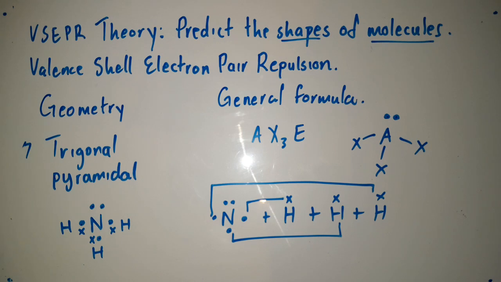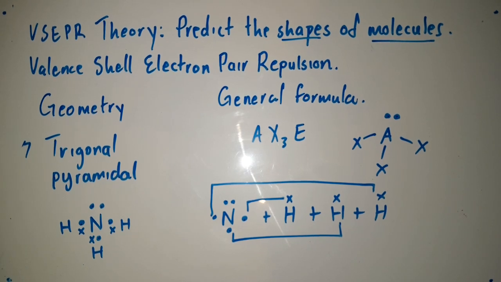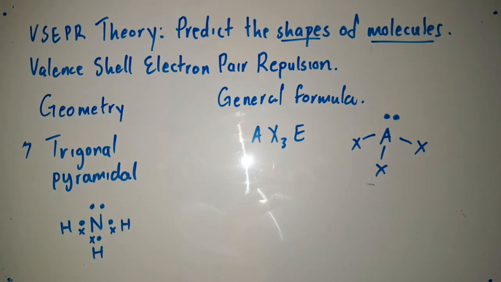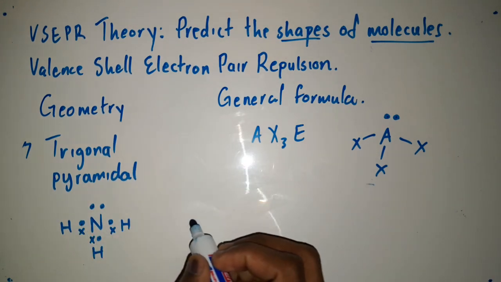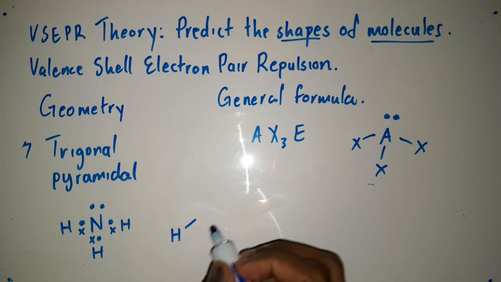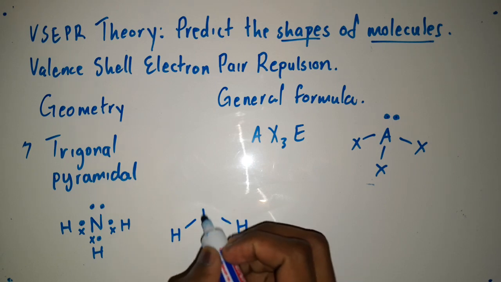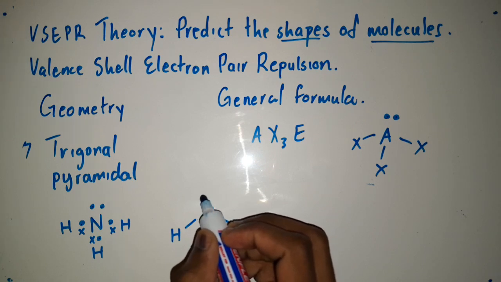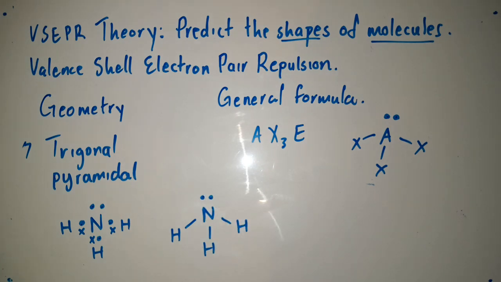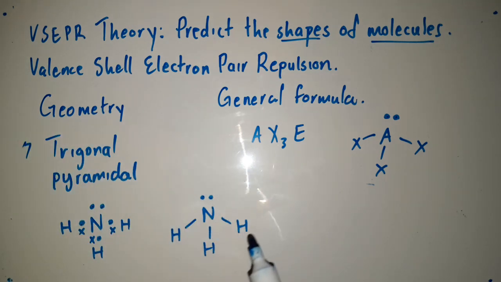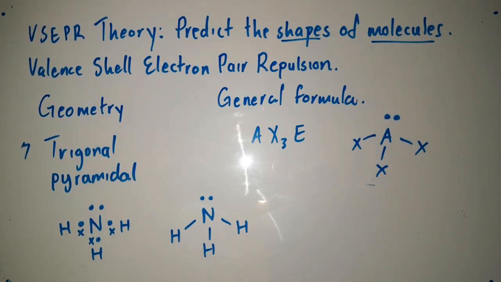Same, if I were to remove the paired electrons, I would have a structure which is like this now, and over there, 1 lone pair. We have a trigonal pyramidal as its geometrical shape. Do you understand?